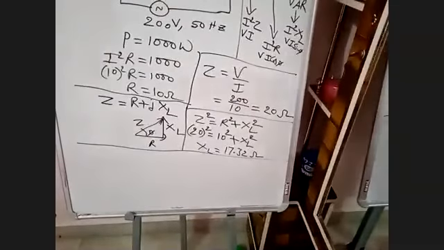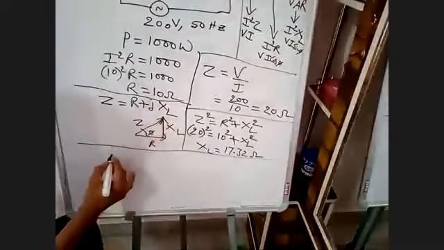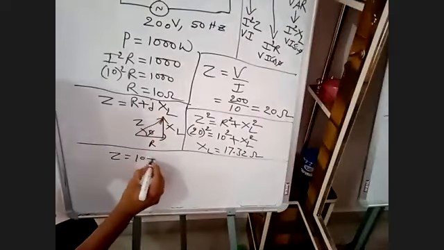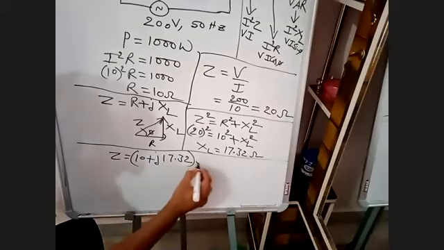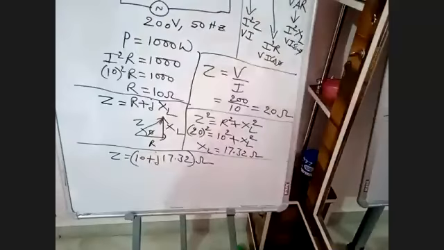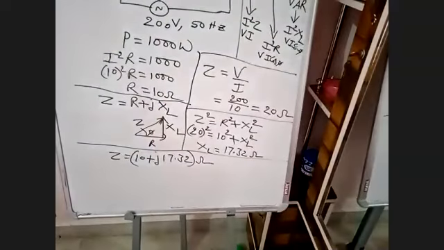Now we can write in Cartesian form. That is Z is equal to R is 10, XL is 17.32. This is the first bit, Cartesian form. Now take your calculator and convert it into polar form.